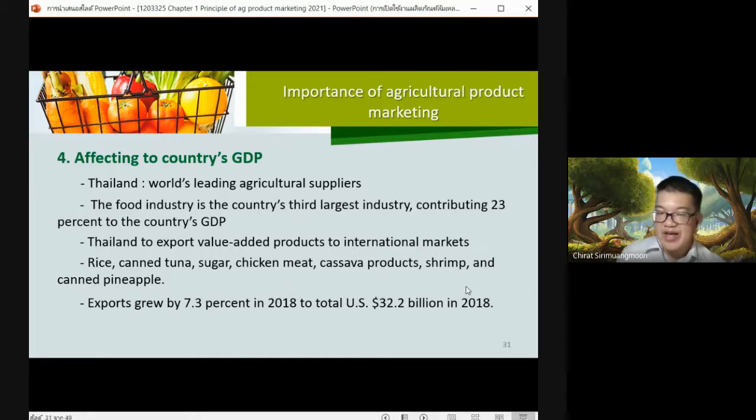We have a higher growth rate because frozen food is very convenient for the people who have problems with COVID-19, and canned products too. So this is how agricultural products marketing is important to Thailand.